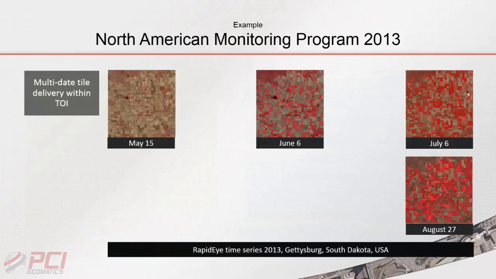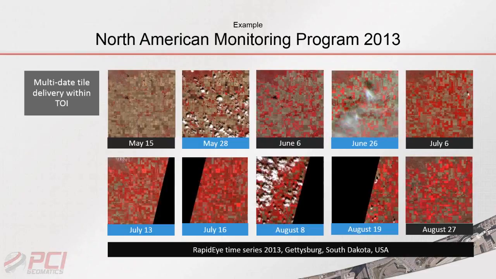So just a quick example of the North American Ag Program. You can see on this slide there is an image from May 15th, June 6th, July, and August during the 4-month growing season. We also have imagery in September as well. But what we also do is you see the slides that are in blue. As I mentioned earlier, we commit to developing and sending 1 image per month from the areas.